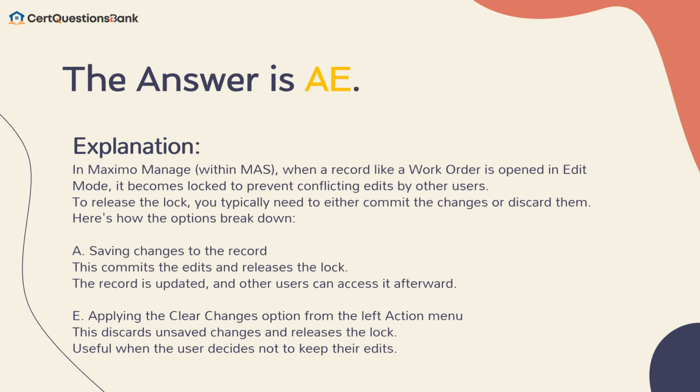This commits the edits and releases the lock. The record is updated, and other users can access it afterward. E. Applying the Clear Changes option from the left action menu. This discards unsaved changes and releases the lock. Useful when the user decides not to keep their edits.